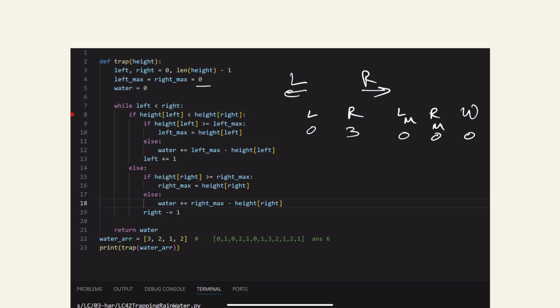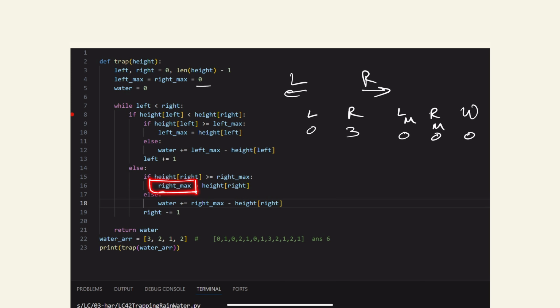The very first thing we consider is only the one which is lesser, right? Left, is it lesser than right? Which one is lesser? That only we are considering. Since in the very first operation the right was lesser, we reach here and compare with the height. If I get a new height of the wall, yes, I'm going to replace right max.